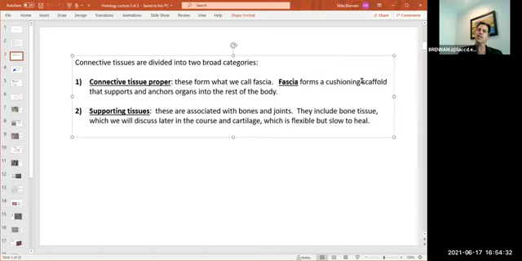Fascia forms a cushioning boundary that supports organs, anchors the organs into the rest of the body, keeps them from going where they're not supposed to be physically. Supporting tissues are associated with bones and articulations or joints, and supporting connective tissues include bone, also something called cartilage.